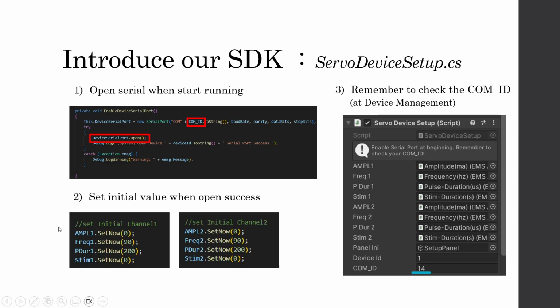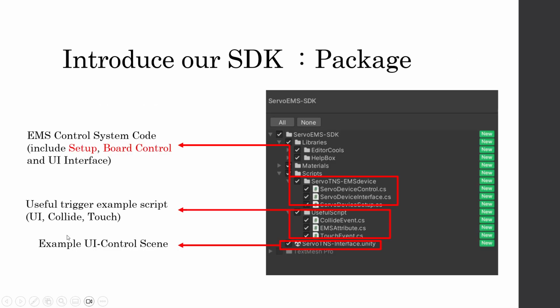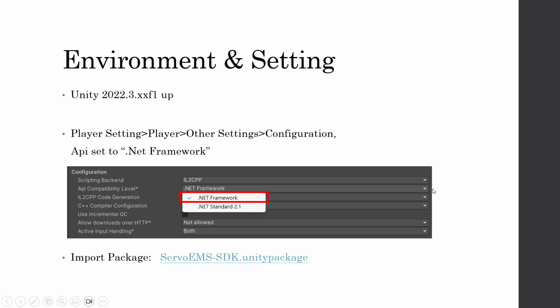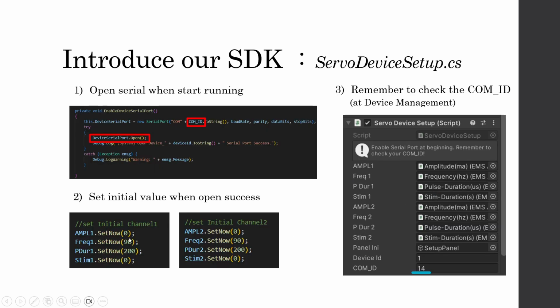And actually the frequency and the pulse duration are just as here, the settings on the TENS part. So once you set the pulse duration and the frequency here, you can just change the value here.